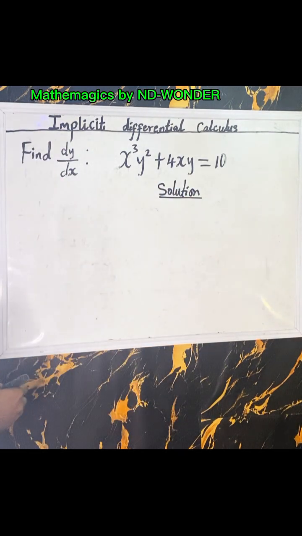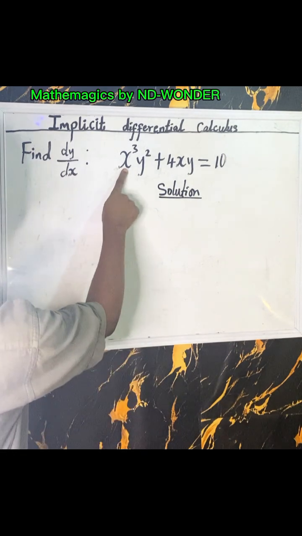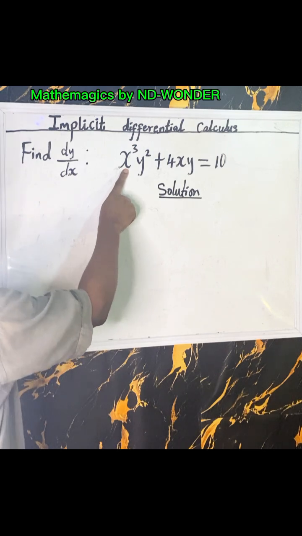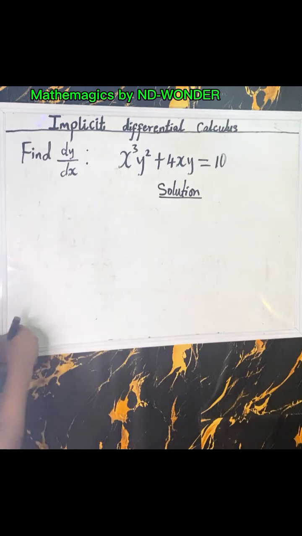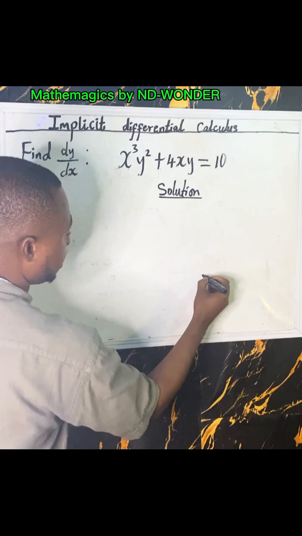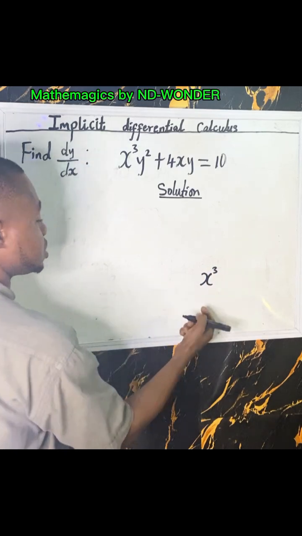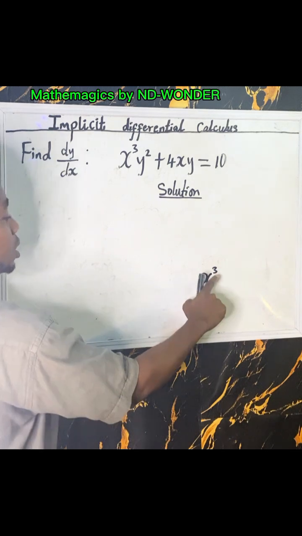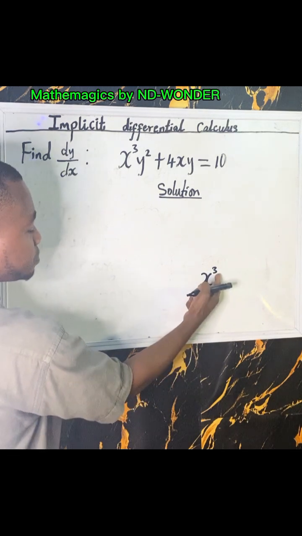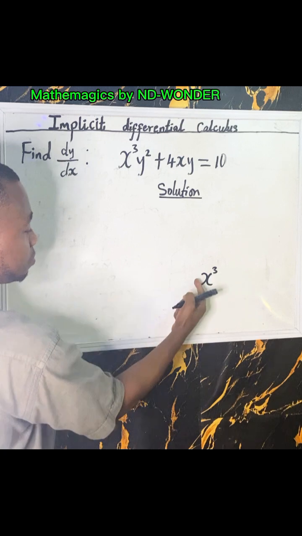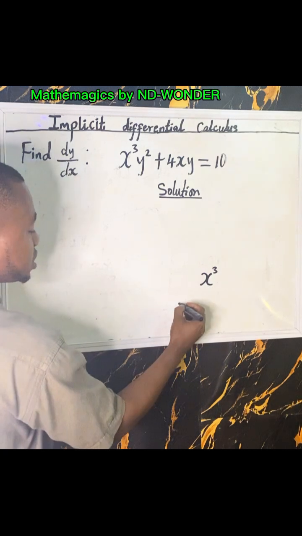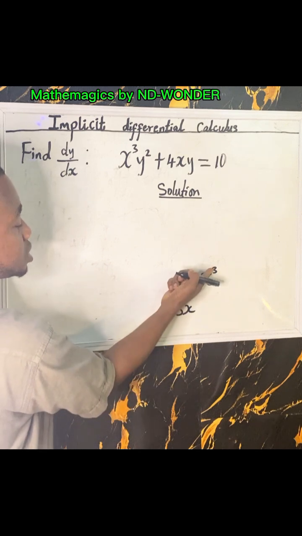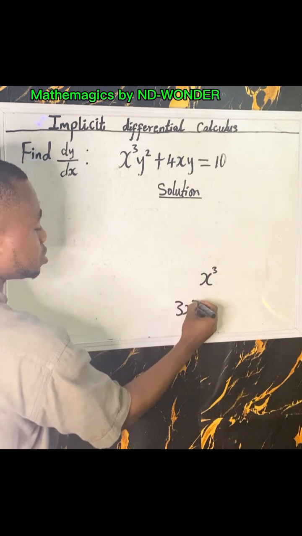To differentiate this bit by bit, the very first value I have here is x cubed. To differentiate x cubed, if you have x cubed, which is x raised to power 3, or x exponent 3, we take this power or exponent, then multiply by x. Then you subtract 1 from this 3. You get 2.